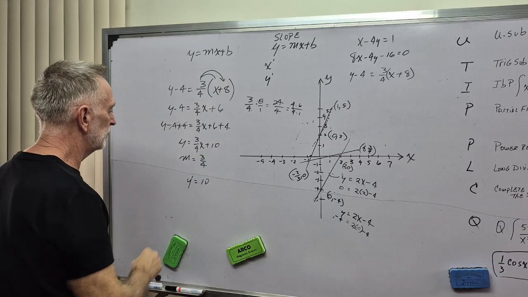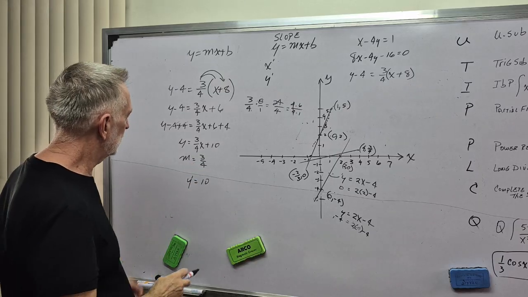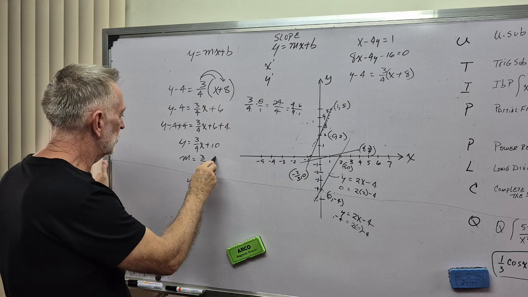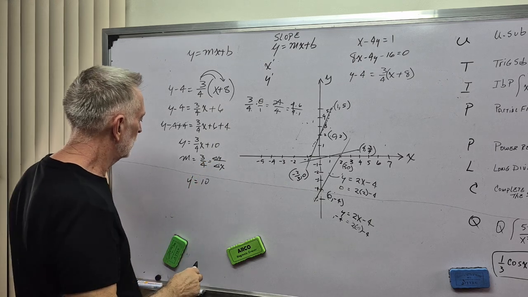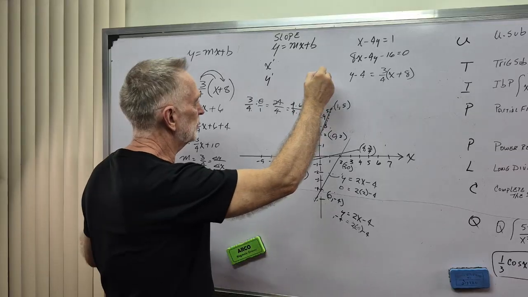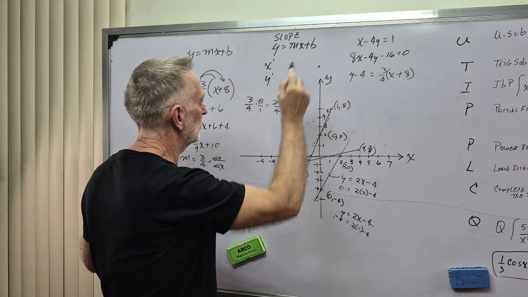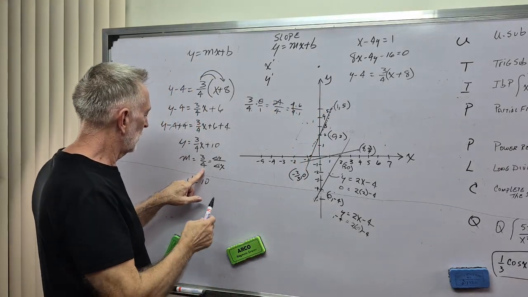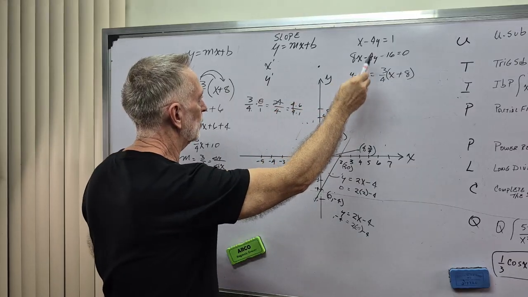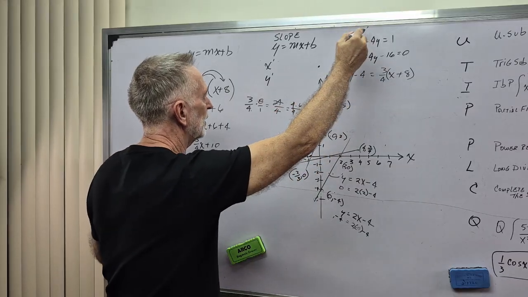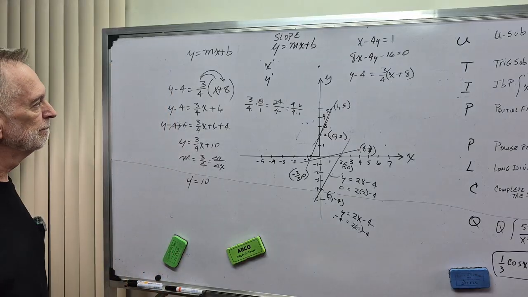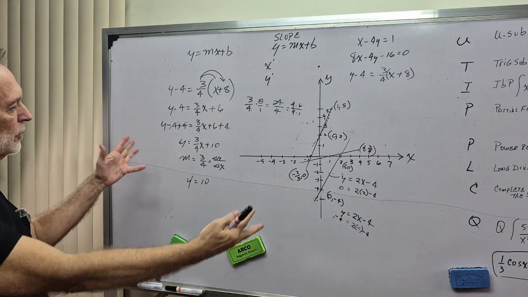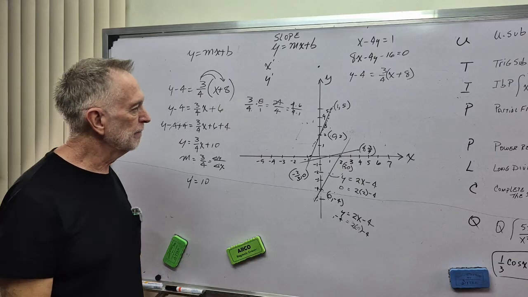It's 10. So that's the change in y, 4 is the change in x. So at y-intercept of 10, I'm up here somewhere, I could count over 4, count up 3, put that dot, draw my line. It's a little bit messy, sorry for that.